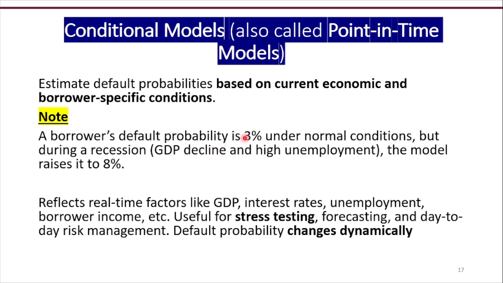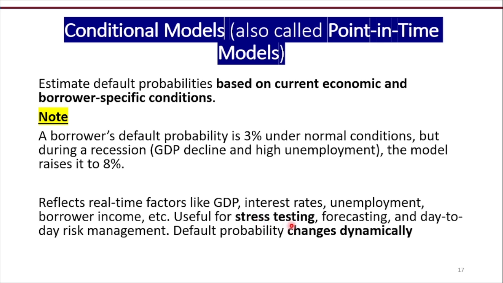It changes when there is any decline in the GDP, or any recession comes, or under a high unemployment rate. So this thing is happening. Okay, so it reflects real-time factors like GDP, interest rate, unemployment, borrower income. So where is it used? For stress testing.